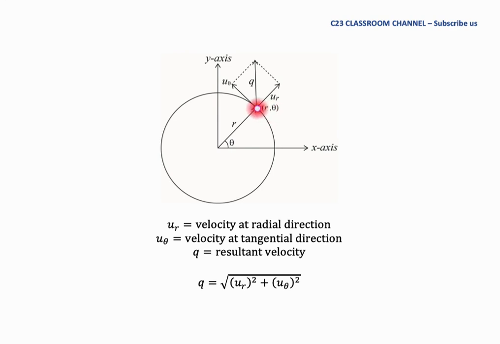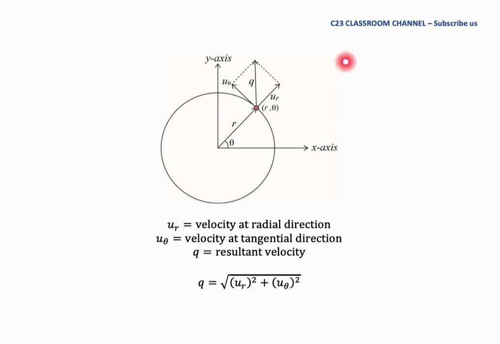Then this molecule also has component velocities because we have a radial direction here and the angle theta here. We could have the component velocity in the radial direction and we write it as U_r, and the velocity tangent at this angle, which we call the tangential velocity, we write as U_theta.